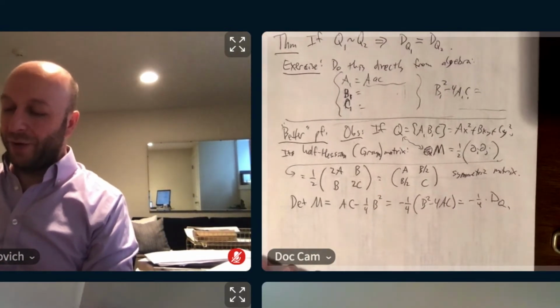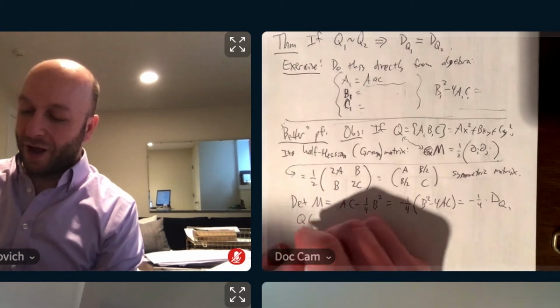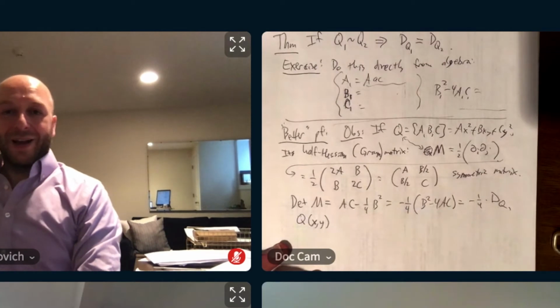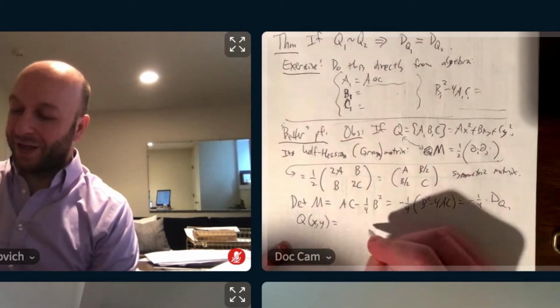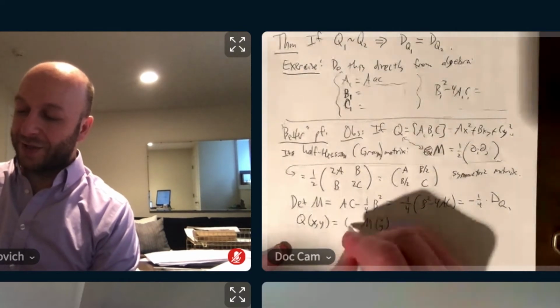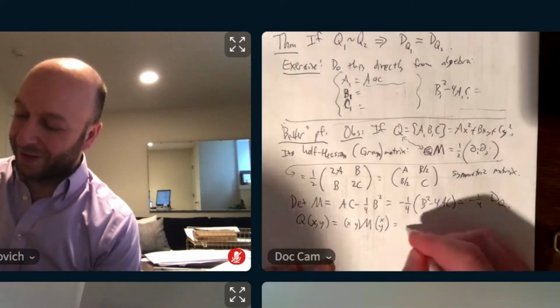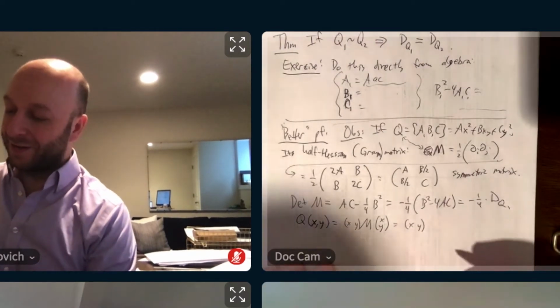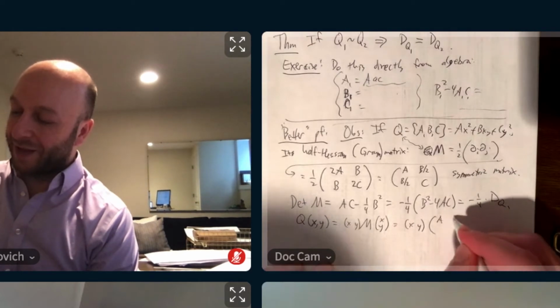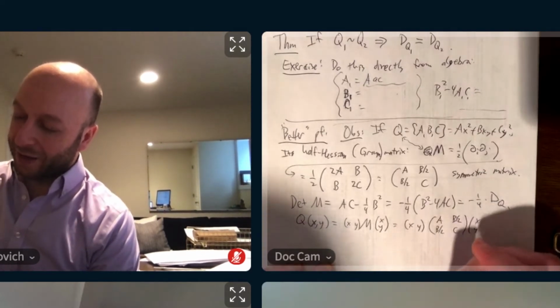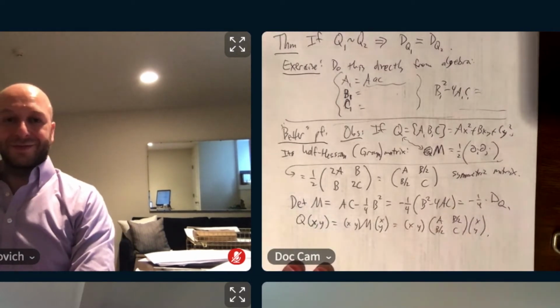And now, what is Q of xy? I claim Q of xy is xy times the matrix times xy. Let's see if that's true. So here I have the matrix A, B over 2, B over 2, C, times xy.